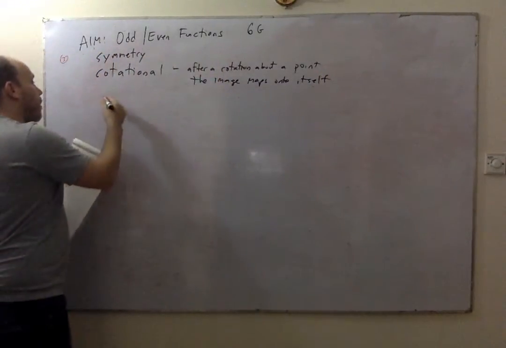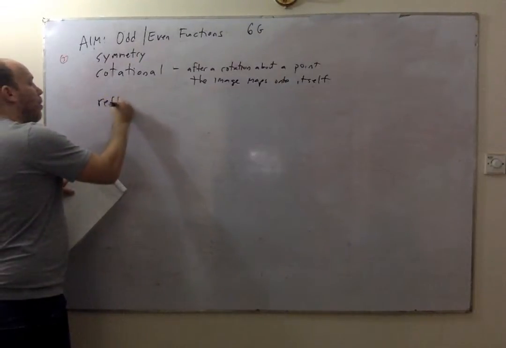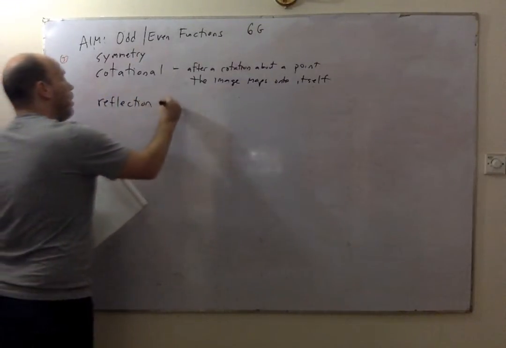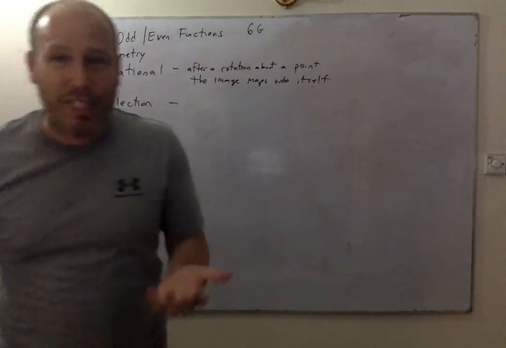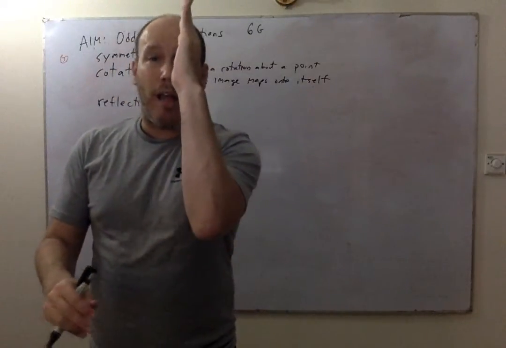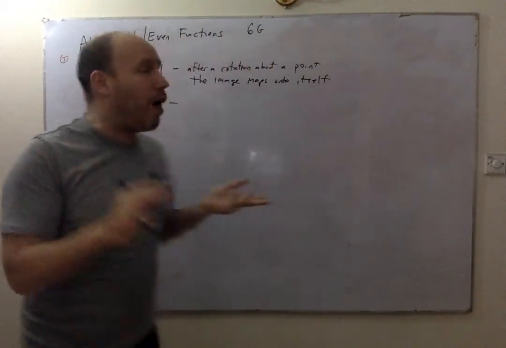Another type of symmetry is reflection. That's simply like a parabola and the axis of symmetry. There's some line that when you reflect everything through it, it maps onto itself.